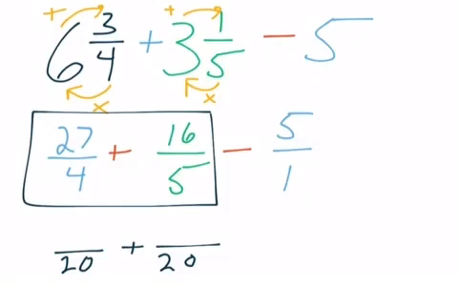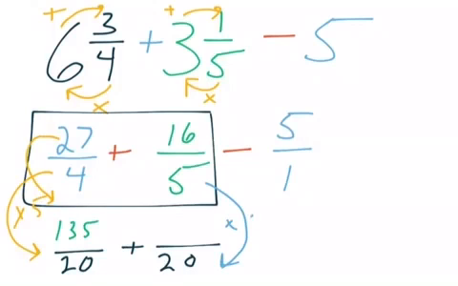Okay, so what are we turning our numerators into? Well, 4 times what is going to be 20? I believe it's 4 times 5. So now I'm going to say, okay, whatever I do to the bottom number, I need to do to the top number, which is 27. 27 times 5 should be 135. 135 plus, now let's do this one. 5 turned into 20.